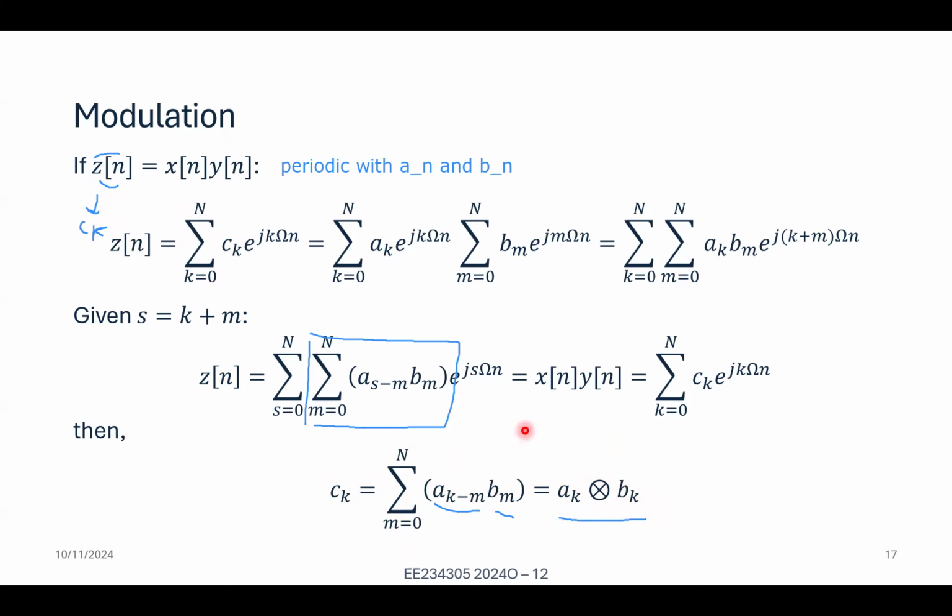The definition is ak minus m times bm for m equals 0 until m equals N, where capital N is the period of zn.